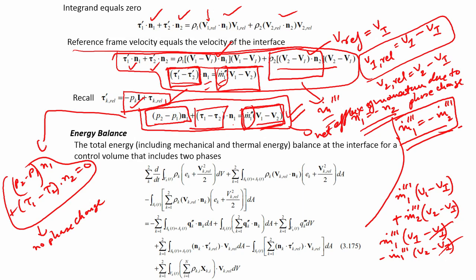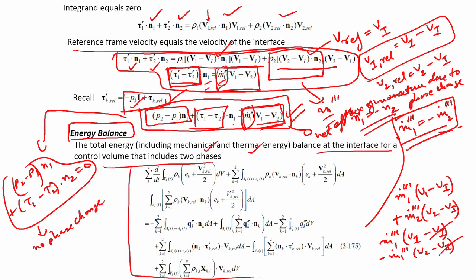Similarly, let us look at the energy balance. Now, the total energy, mechanical and thermal energy balance at the interface, if you recall the original equation which contains two phases, is a slightly bigger palette with a lot of terms, but let us not be scared about it.